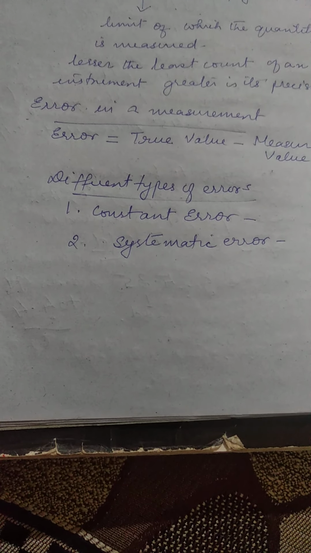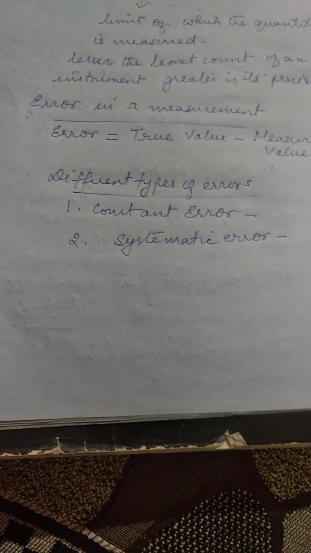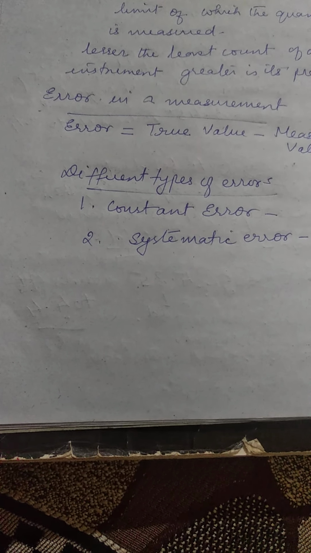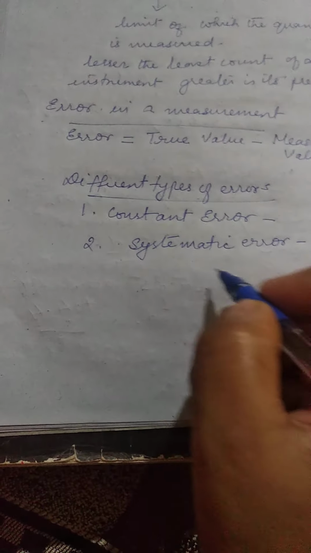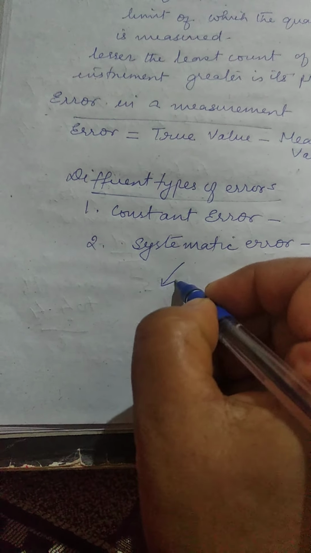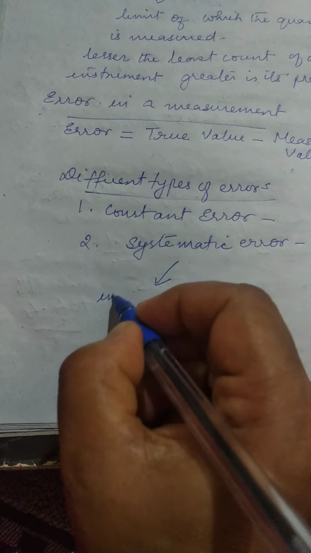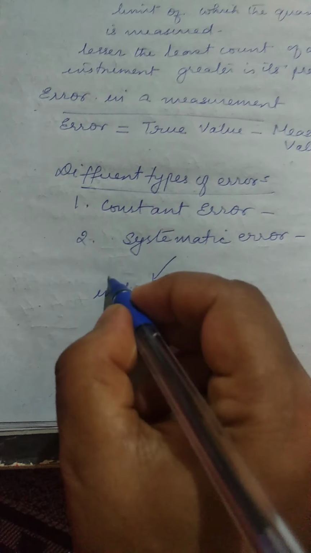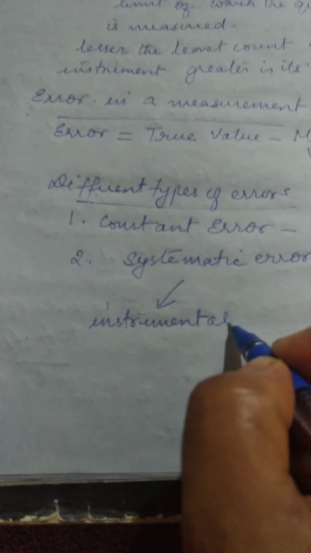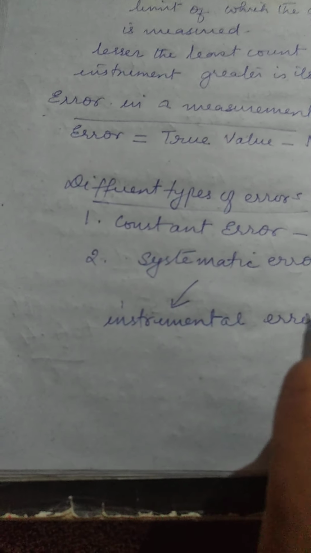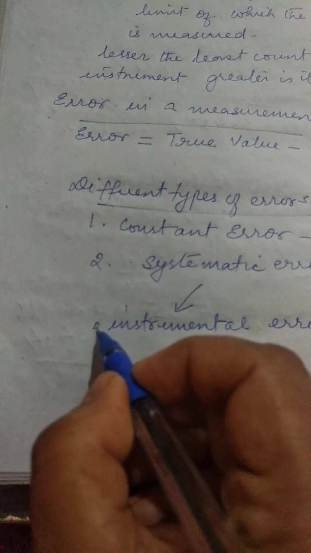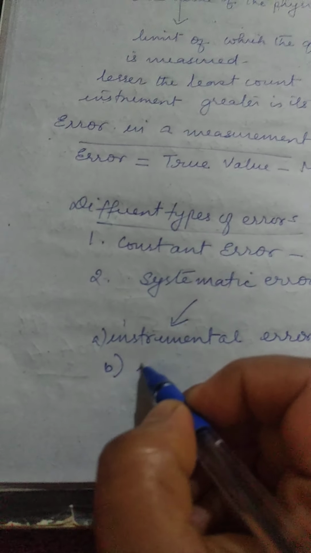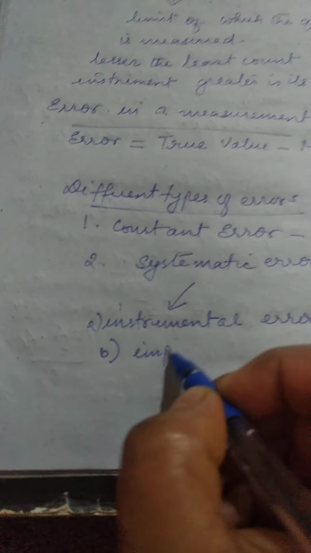Now the systematic errors again can be of various types. Number one, systematic error may be due to instrumental error. Number two, it may be due to imperfection in experimental technique.